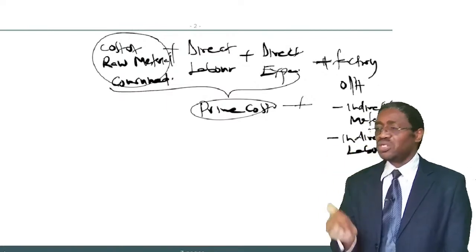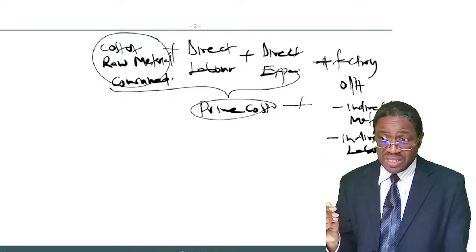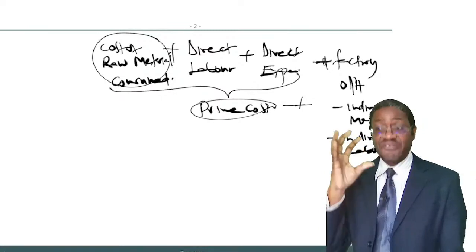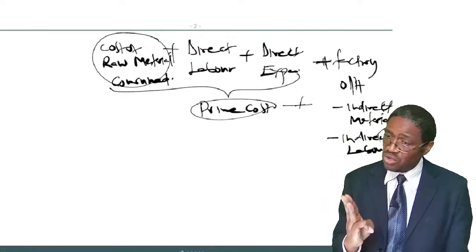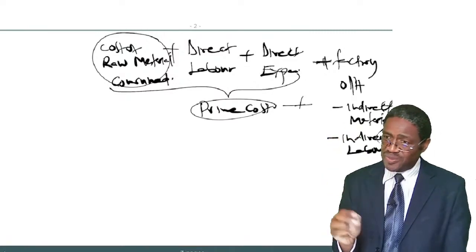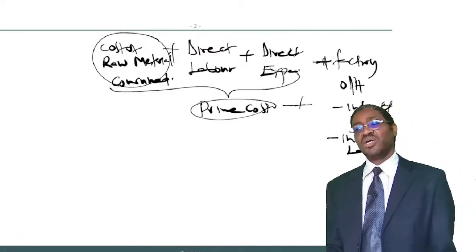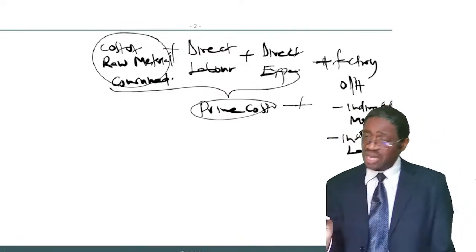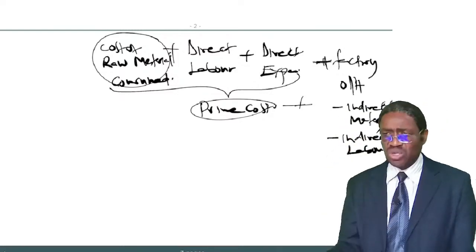I told you factory overheads are those expenses found within the factory, but are not a direct material cost, not a direct labor cost, and not a direct expense. Any other is an example of a factory overhead. I gave you examples like factory insurance, factory electricity, factory water.